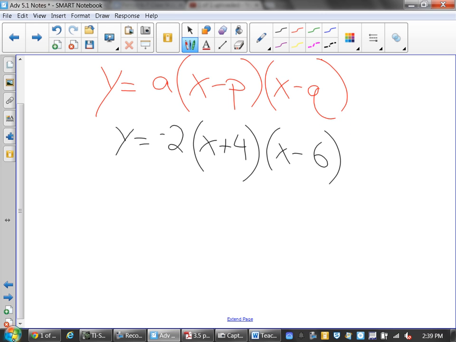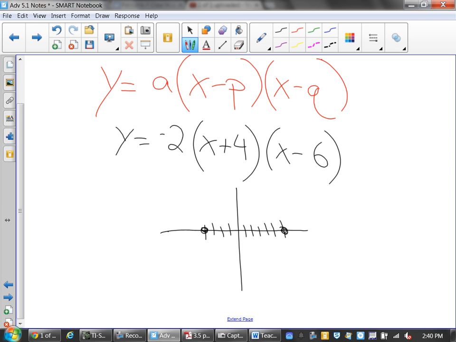Negative 4 and positive 6. Why is one negative 4 and one positive 6? Remember, you set both terms equal to 0. We're just solving for zeros.